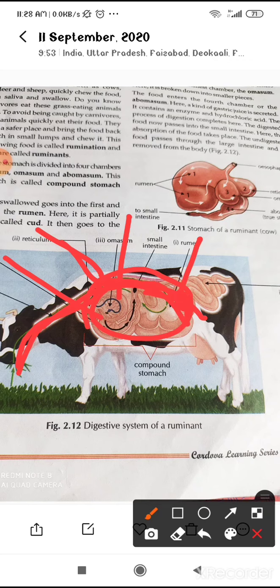The cud returns from the rumen into the mouth of the herbivore in the form of small lumps for retrieving. The herbivore properly chews the food, and after that it goes into the third chamber and then the fourth chamber, where complete digestion takes place. For absorption, the food goes into the small intestine.